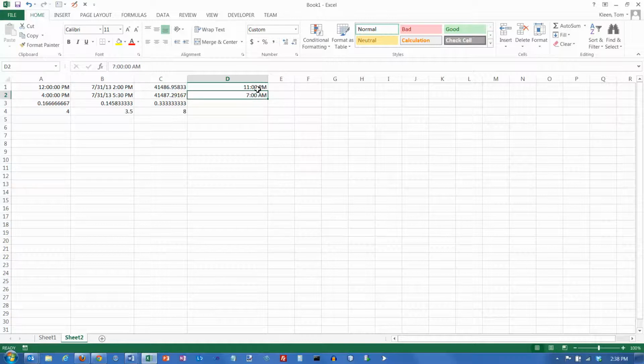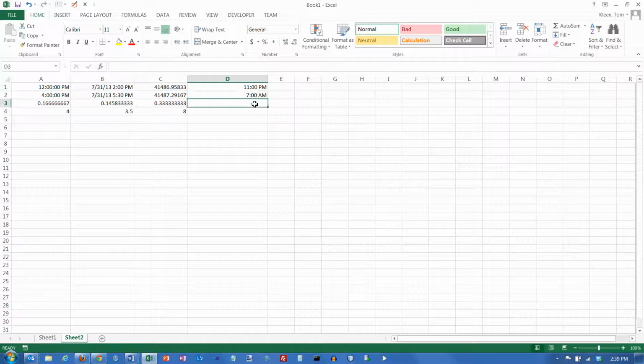All you have to do is subtract them. That means they occurred on the same day, and we're just figuring out how many hours have elapsed in the course of that day. But if this number is smaller than this number, then it means that we have a time period that overlaps the midnight hour.